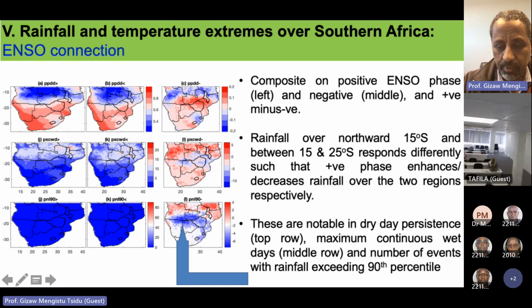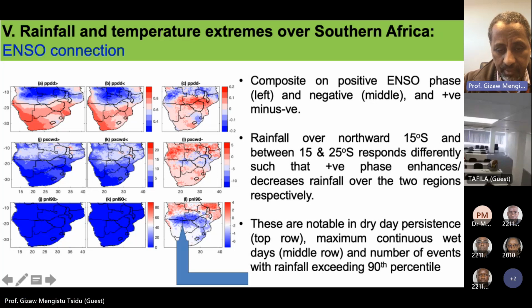For instance, in this case, the number of events with rainfall exceeding the 90th percentile. This is the index that we use. So if you look at this index for El Nino and La Nina in the middle, and then the difference on the right side of the screen, the panel where the arrow is showing, again, the response is different.